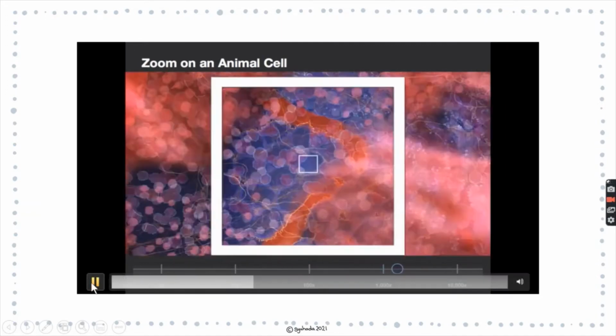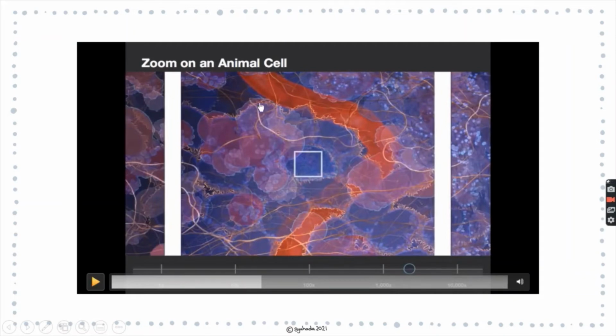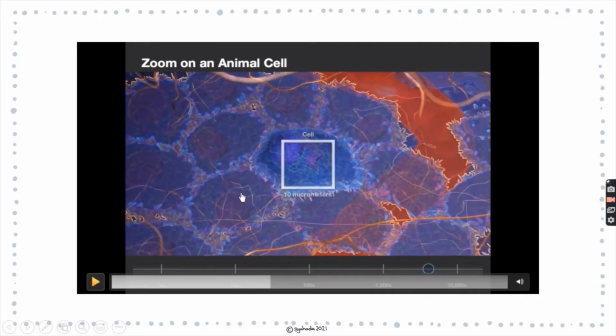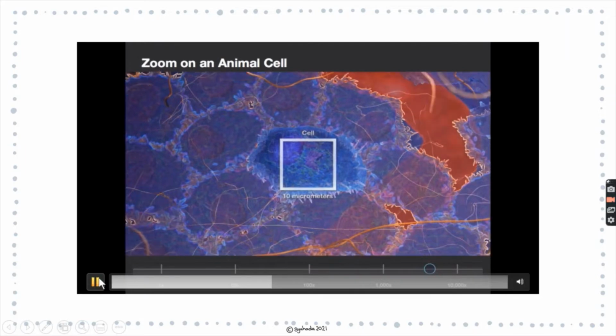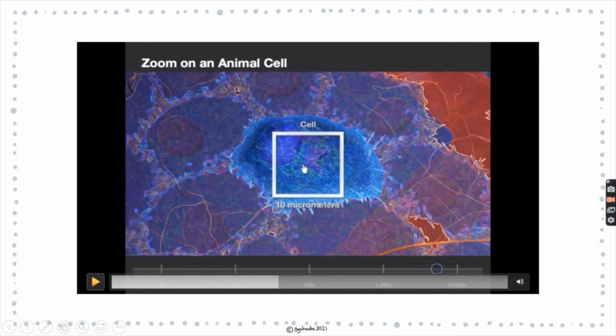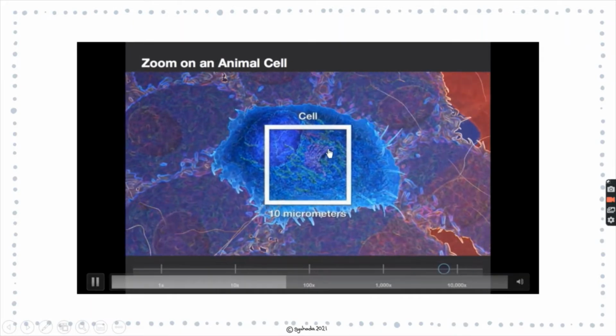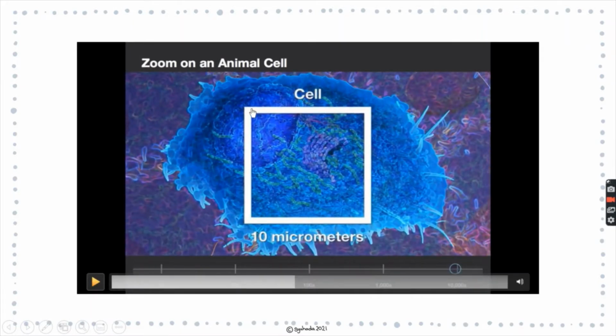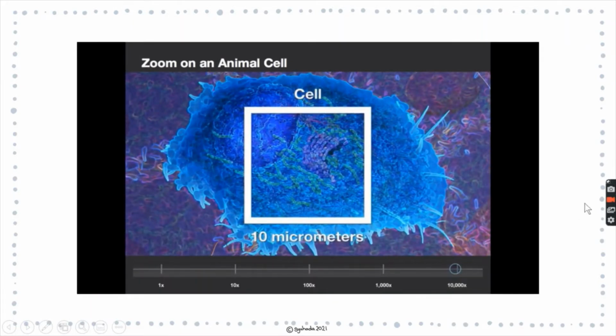So let's see right here. I'm going to pause right there, and you can see that the human tissues are made up of single cells that come together and perform a function together. So that is 1 cell, and it's about 10 micrometers in size. And you can see that this animal cell right here also has little bits and pieces on the inside that are what we call the organelles as well.